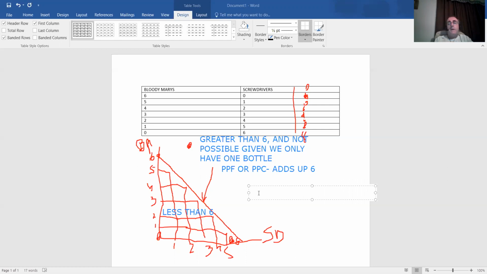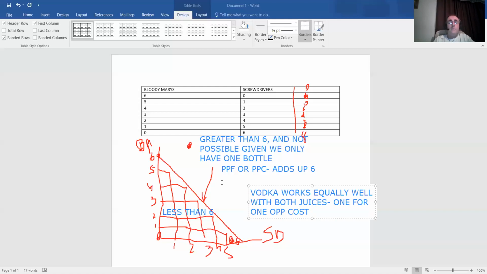But the point is, the vodka works equally well with both juices, right? So we always get a 1-for-1 opportunity cost or trade-off, right?